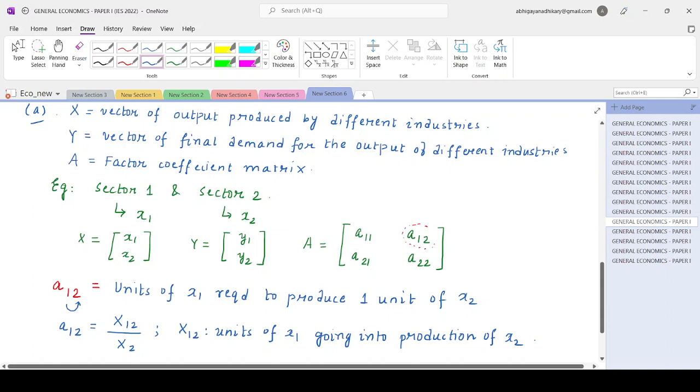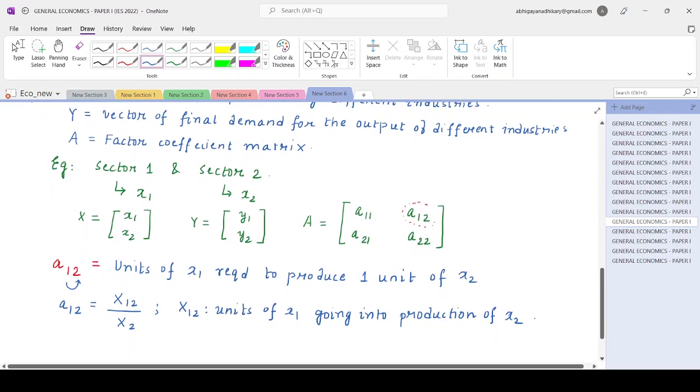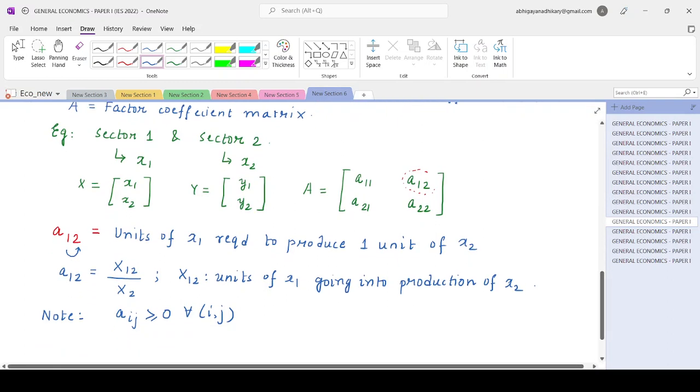Okay, this is what the factor coefficient matrix means. Similarly you can define all the others. And note one thing which is very important over here. All of them are greater than or equal to 0, for all ij. Either you don't require a particular sector's input as an intermediate input in the other, or you require something. So it has to be greater than or equal to 0.